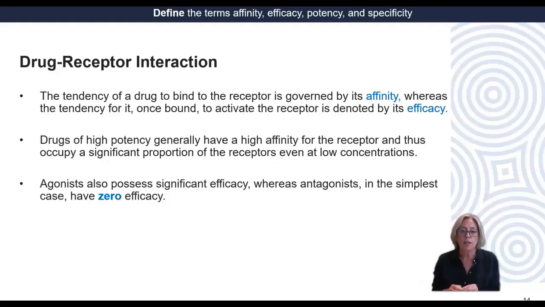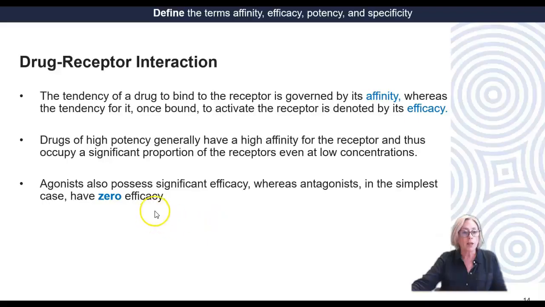Agonists also possess significant efficacy, whereas antagonists in the simplest case have zero efficacy, right? So agonists display affinity and efficacy, the ability to produce a tissue response.